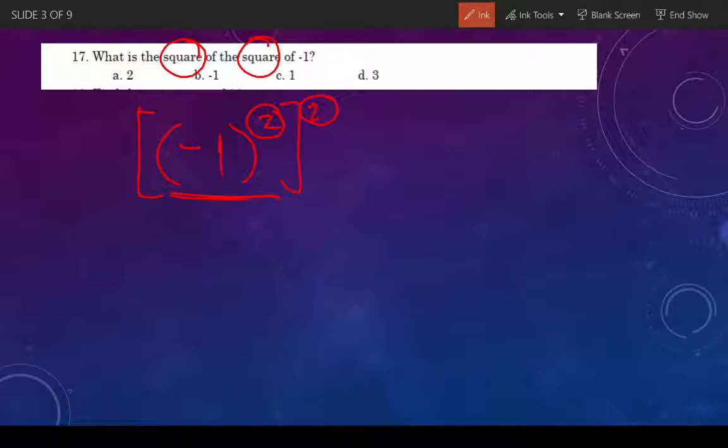So you have, what is negative 1 squared? Negative 1 times negative 1 will be positive 1. Then squared. What is 1 squared? We have positive 1. So basically, the answer here is letter C. So the answer for number 17 is letter C.